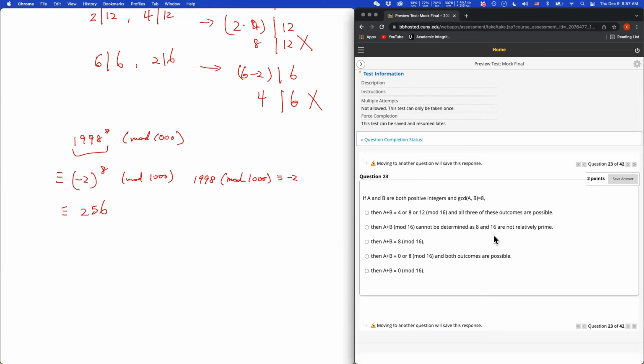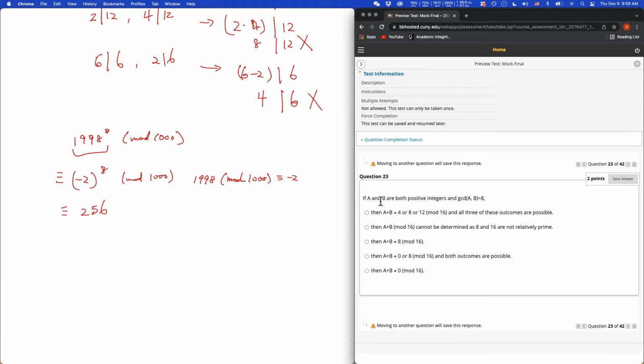So here, if A and B are both positive integers, and the GCD of A and B is 8, what do we know about the following? If you look at it, we want to find what A plus B is.